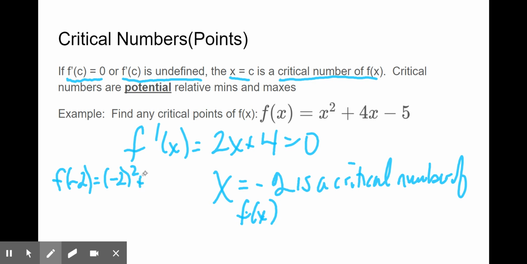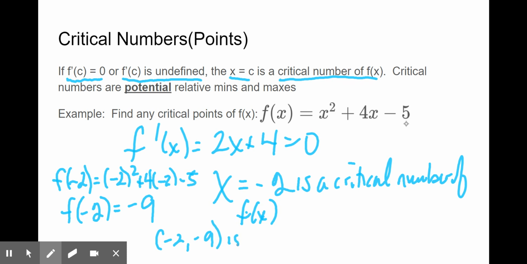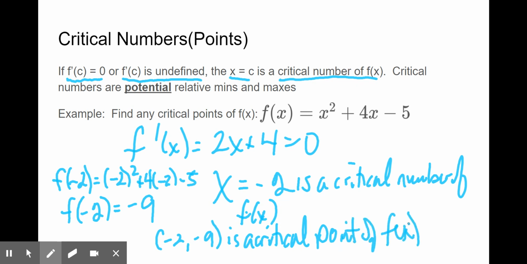So if we're going to get any points that have an x and a y, we want to know what the y value in f of x is, because we want to graph that point. That point is probably important. If we clean this up, we get negative 9. So we could say negative 2, negative 9 is a critical point of f of x. So basically they mean the same thing.